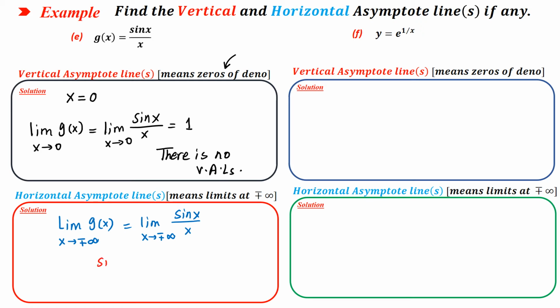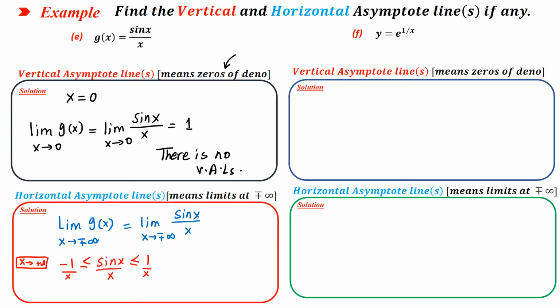As you know, sine x is between -1 and 1. Now divide by x. When x goes to positive infinity, x is a positive quantity, so when you divide by x there is no change in the sign of the inequality.